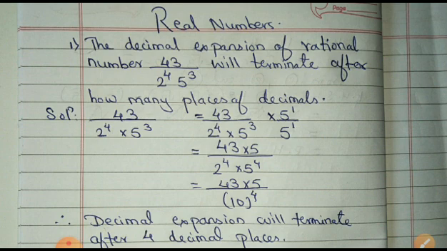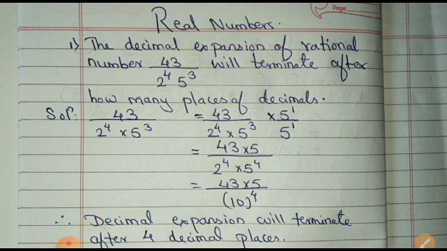Then the denominator will be 10 and its power, that means it will be a power of 10. And the power of 10 is the number of decimal places after which the decimal expansion will terminate.